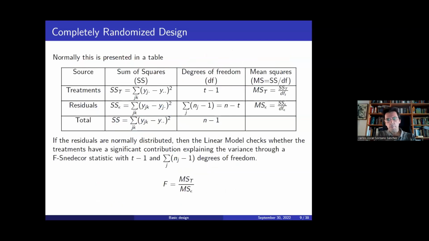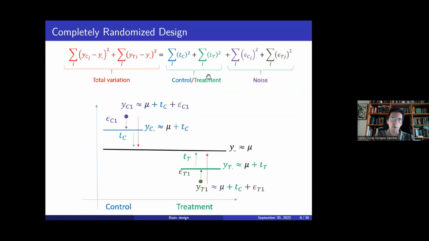Okay, so with that, we will construct an ANOVA table that, if you have used ANOVA, you may be familiar with. And again, don't pay attention to the details, but there are some important columns here. So the first column is how much variability we are observing. And we have done here this decomposition.